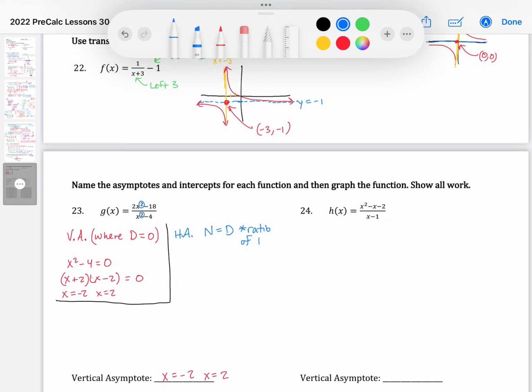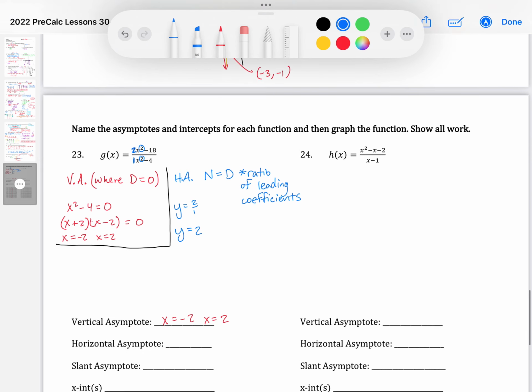So if you look in your notes, when they're equal, because this is a 2 and a 2, you get a ratio of the leading coefficients. So in this case, my lead coefficient at the top is 2, and my lead coefficient at the bottom is 1. So y is going to equal 2 over 1, or we just get y equals 2.